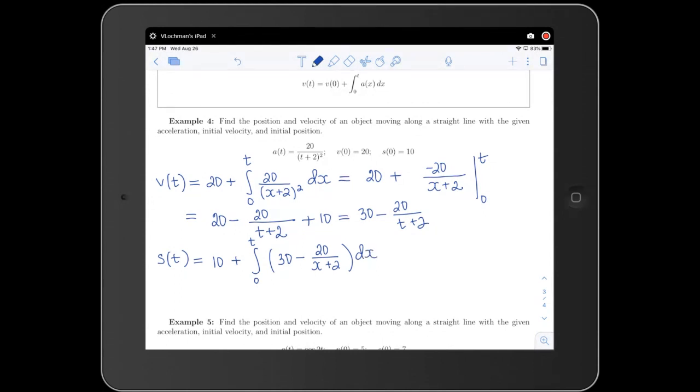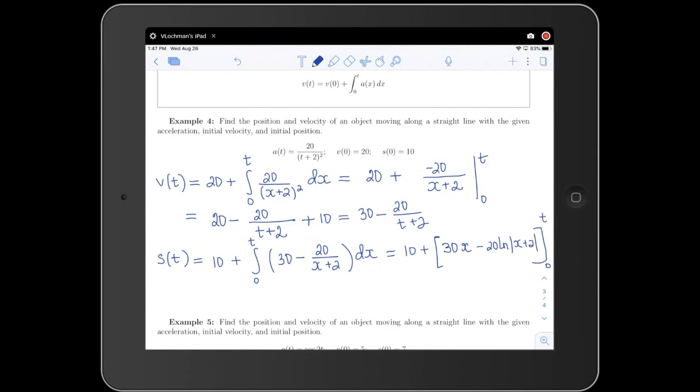Okay, we have our initial condition. We have the dummy variable x, and we have a function to integrate. So 10 plus, what do we get here? This is 30x. And now I'm looking at this expression, and once again, I have 1 over a linear function. This is natural log: minus 20 natural log absolute value of x plus 2. We evaluate from 0 to t.